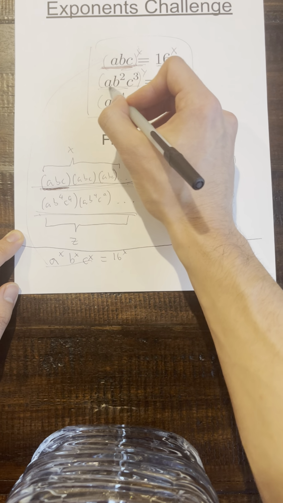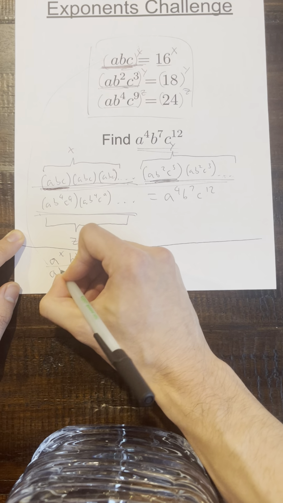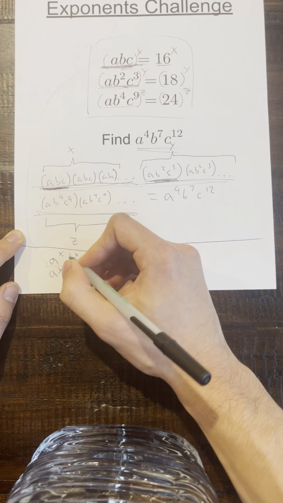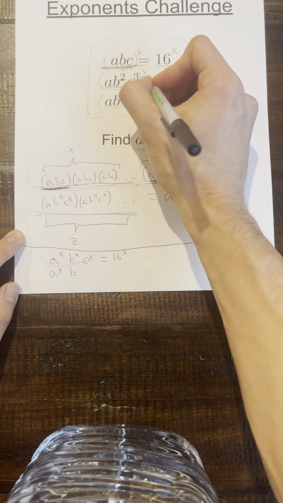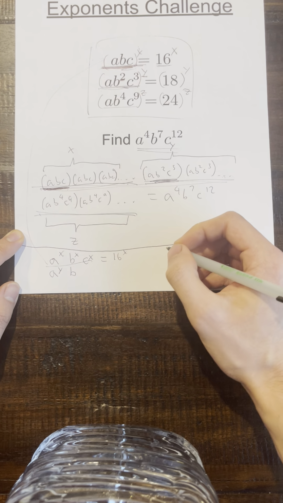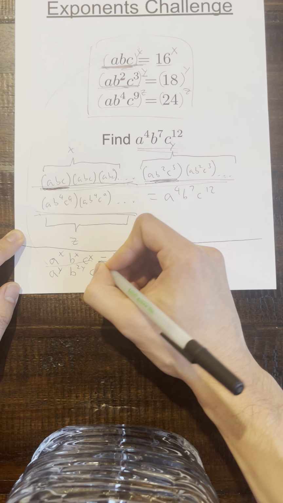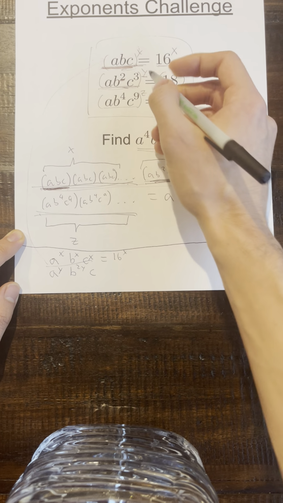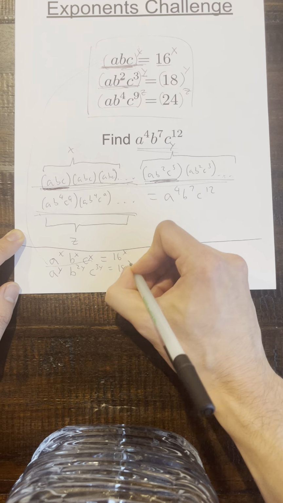Okay, and how do we get rid of the parentheses here? We're going to say it's a to the power of y, b to the power of how much? Well, we actually have to multiply 2 and y. So 2 times y is how many y? 2y. And then this is going to be c to the power of how much? 3 times y. So 3y is equal to 18 to the power of y.